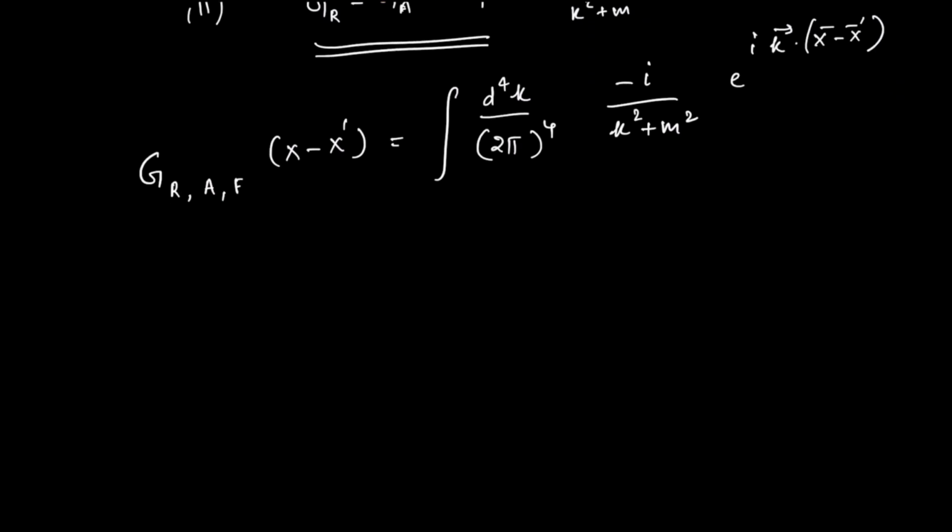So here 1 by k square plus m square is equal to 1 by, so this k square is not just k square, it has k0, k1, k2, k3, all these squared.